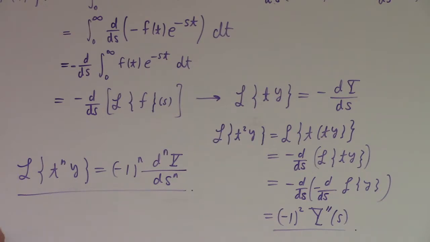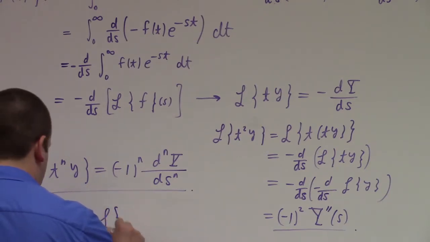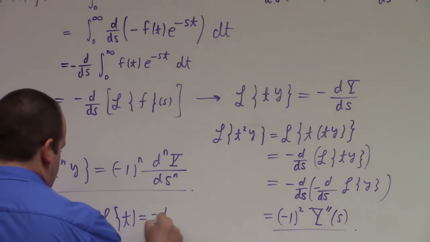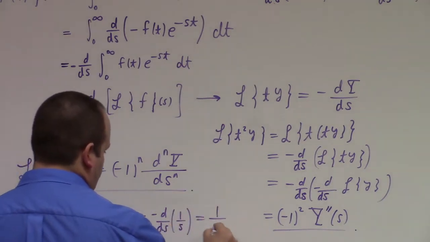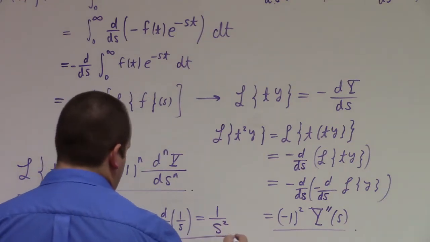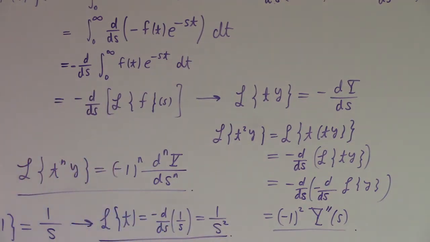Remember, the Laplace transform of 1, first example, is 1 over s, right? So that says the Laplace transform of t is minus d/ds of 1 over s, which is 1 over s squared. You recall the initial example, I assume that. Now we've shown it's true.